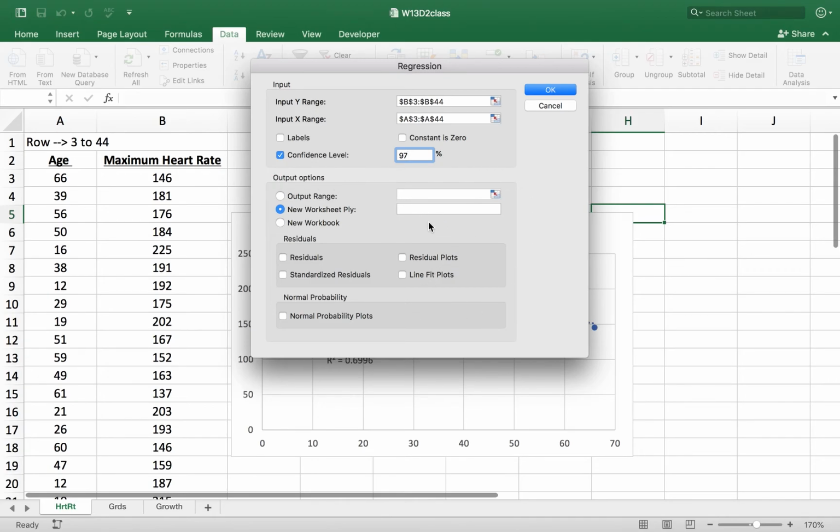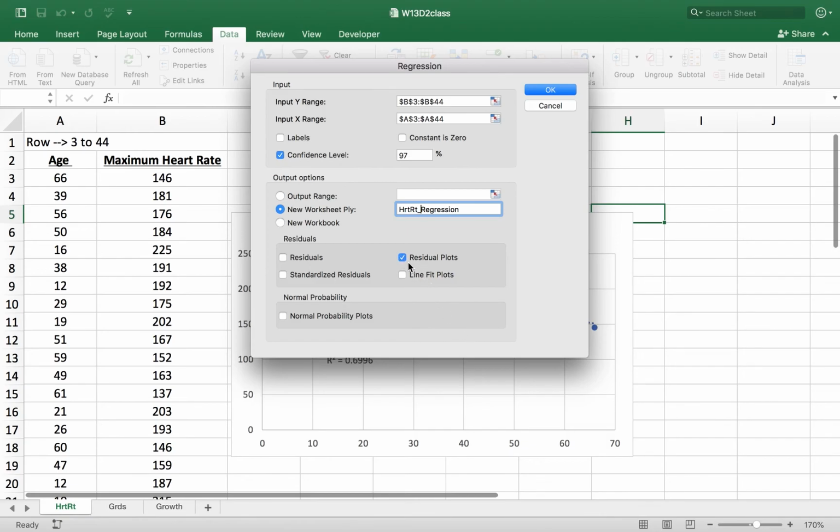In terms of the output options, I think it's always a good idea to put your regression output in a new worksheet. So click that middle dialog box and say heart rate regression. Give it just a name that clearly identifies what data set you're working with, and that it's a regression analysis.